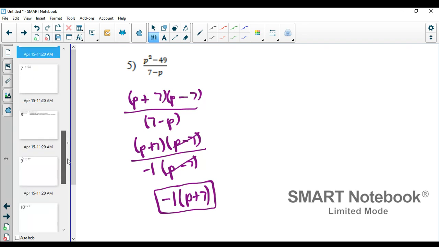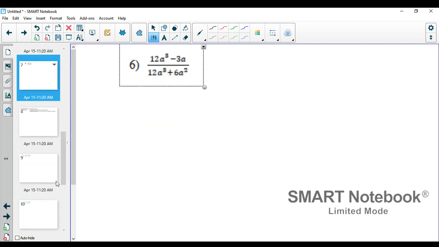All right, so for number 6, we have 12a cubed minus 3a divided by 12a cubed plus 6a squared. Now these ones, we are just going to start with factoring out a common factor. So in the numerator, they have a 3 and an a in both of them. So 12a cubed divided by 3a is 4a squared, then minus, and then 3a divided by 3a is 1.